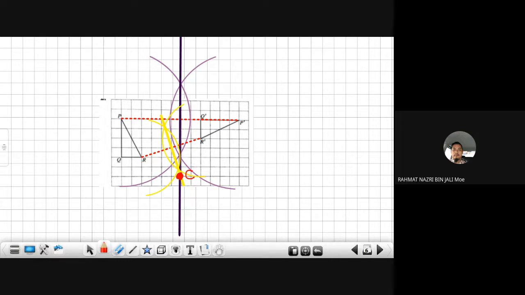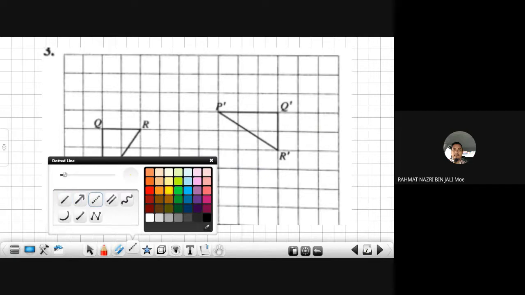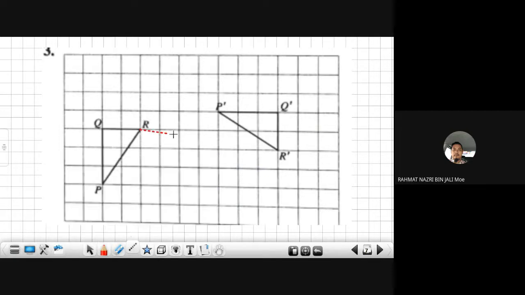Okay, next one. Question number 3. Sama juga cara dia. We draw the straight line from R to R prime. Okay, and then draw the perpendicular bisector. Use compass.